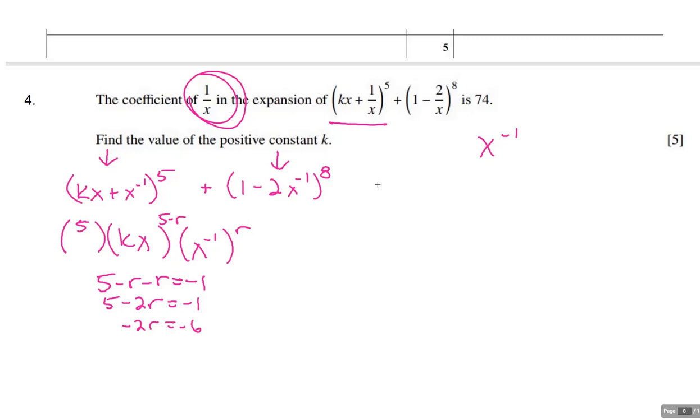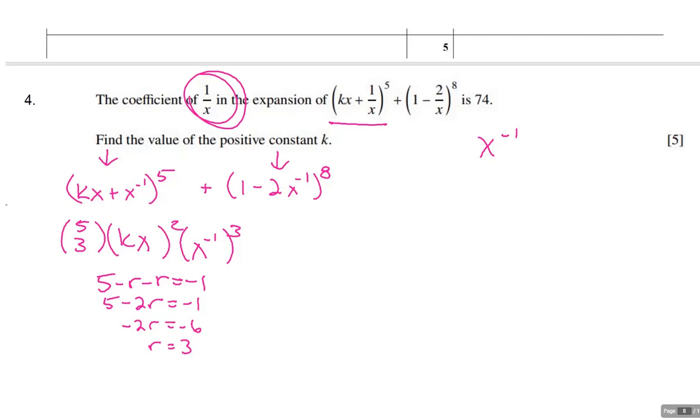Negative 6. And when I divide both sides by negative 2, what's r? 3. All right, so now if I make this a 3 and I make this 5 minus 3 or 2, I got to figure out what that is. And it'll be some number k, x to the negative 1.